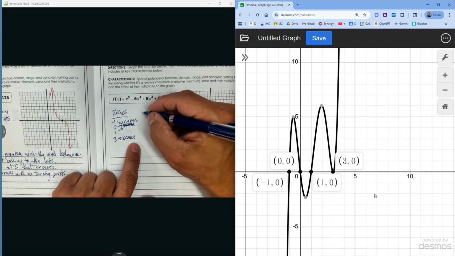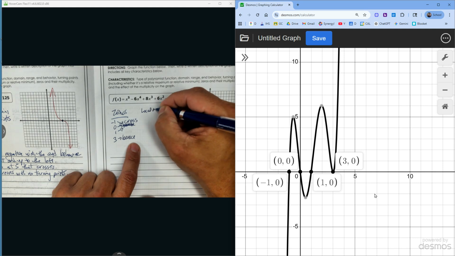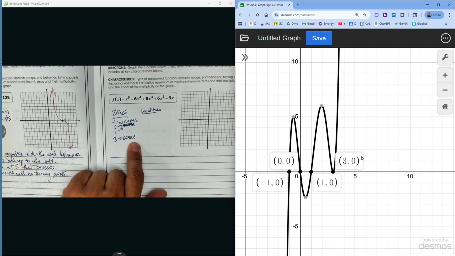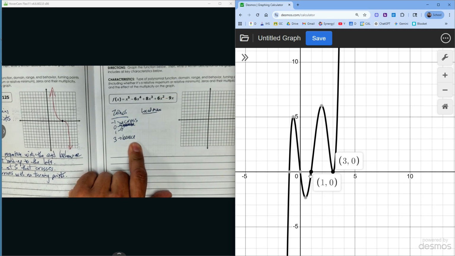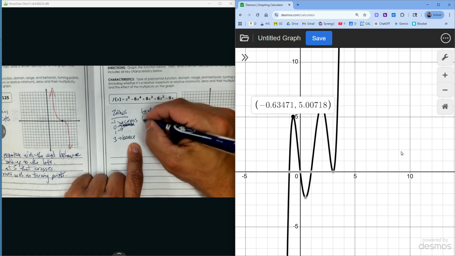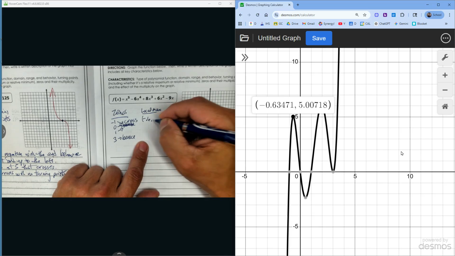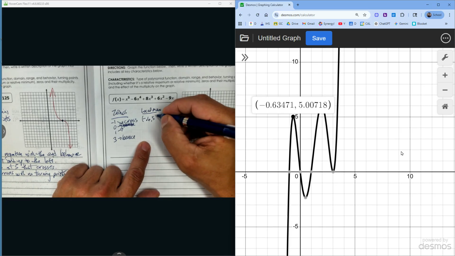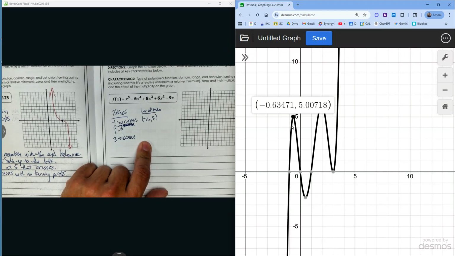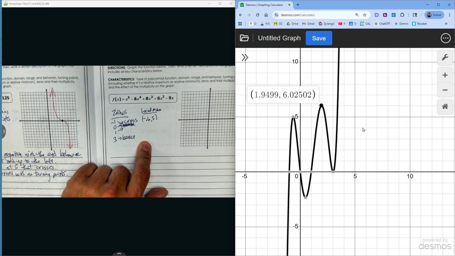The turning points. So the local max, where does it turn? So I'm going to get rid of these. So we have a turning point there. And where else do we have a turning point? There's another high turning point.